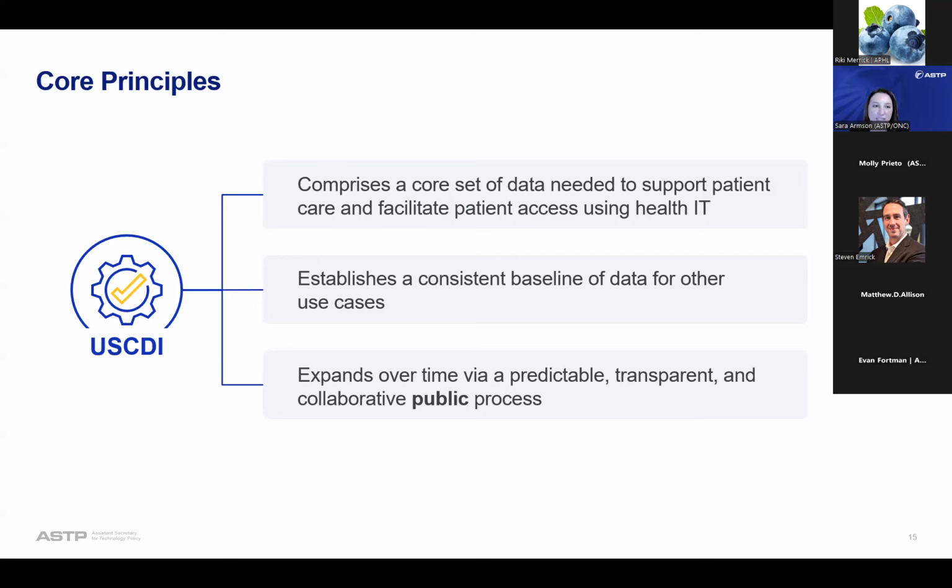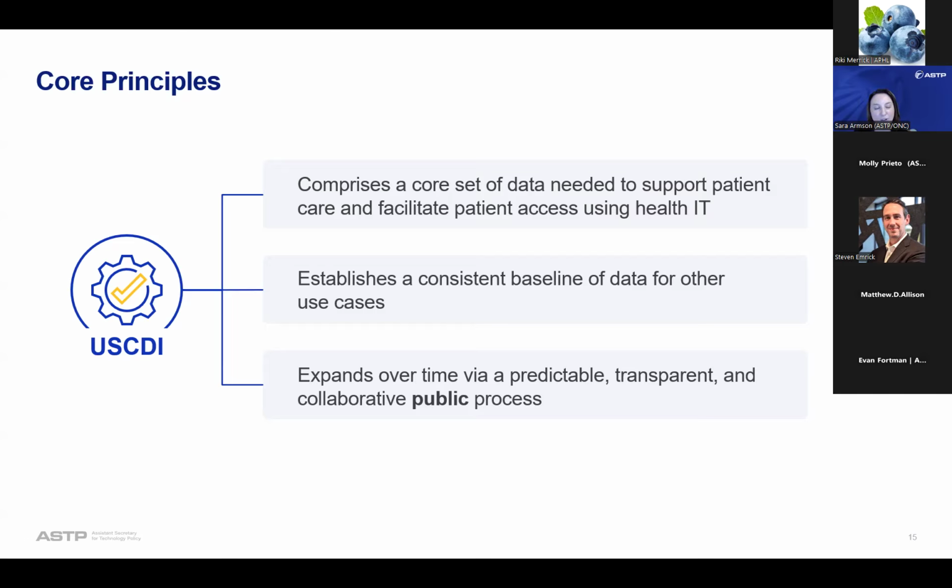And how do we know what the baseline should be? Well, it updates every year in a predictable cadence. And we have a collaborative public process to develop the USCDI data elements. We have 2 public feedback periods per year for USCDI.